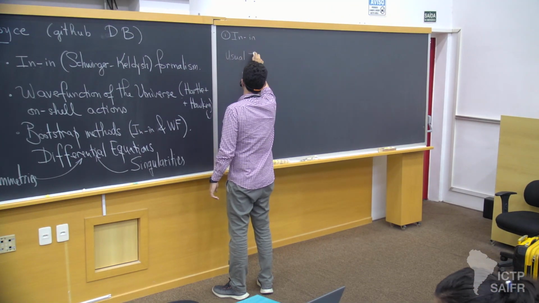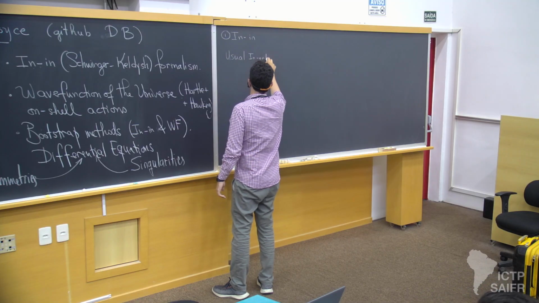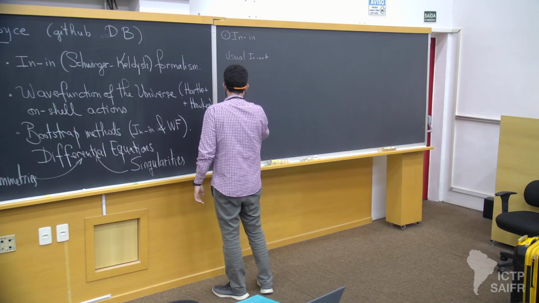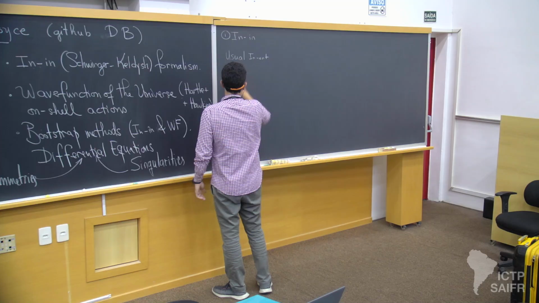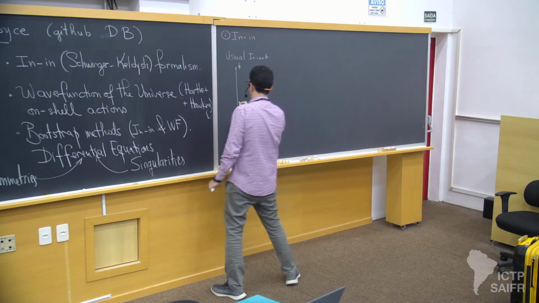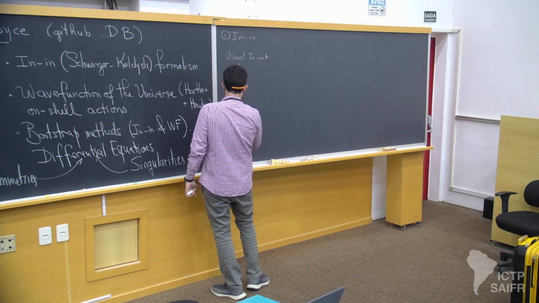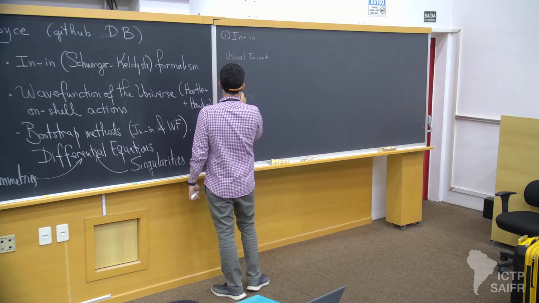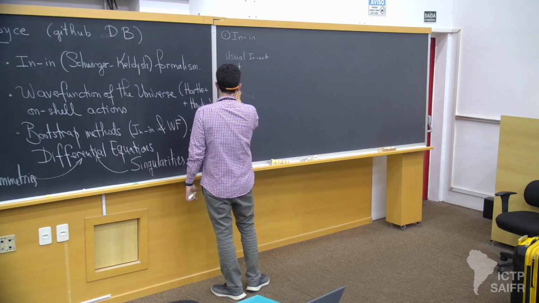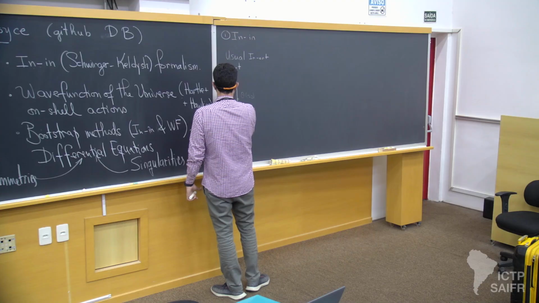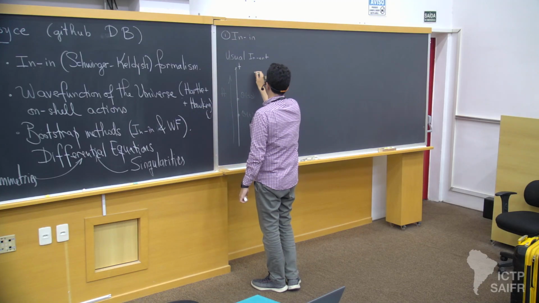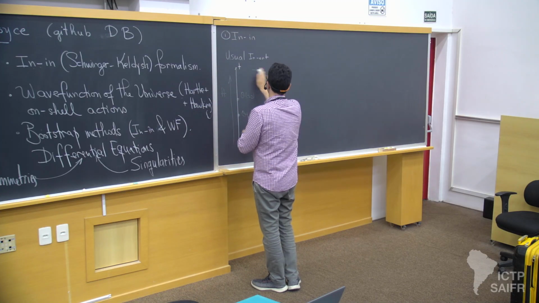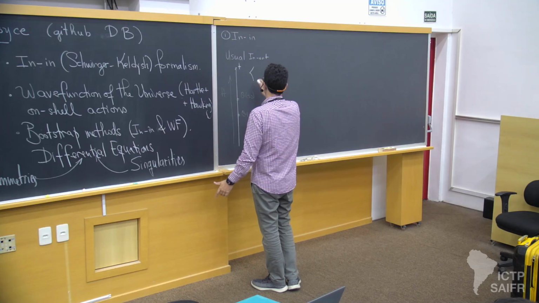So in the usual Feynman in-out picture, you have time evolution, and then you insert some operators, O of T1, O of T2, and then you time order, and you evolve things with the Hamiltonian forward in time. The typical thing you compute are Green's functions, right?